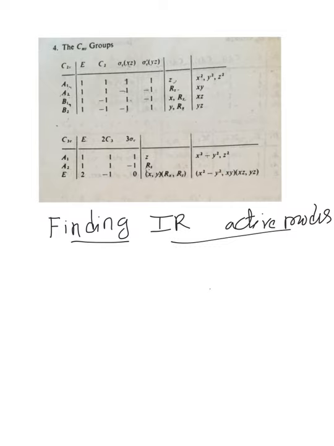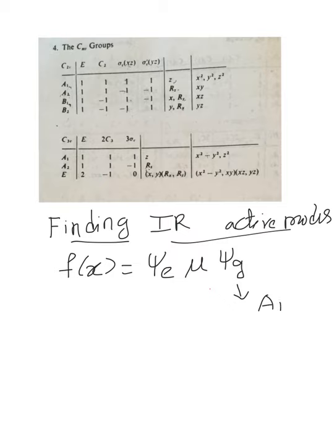So now let us start to identify IR active and Raman active vibrational modes using the character tables. As I have already discussed, we are interested in the symmetry of psi g, psi e, mu, psi g. Here psi g is the vibrational ground state, which is always represented by A1, because the vibrational ground state is vibrations at absolute zero, which are always minimal, and so we can represent it using a symmetric representation A1.